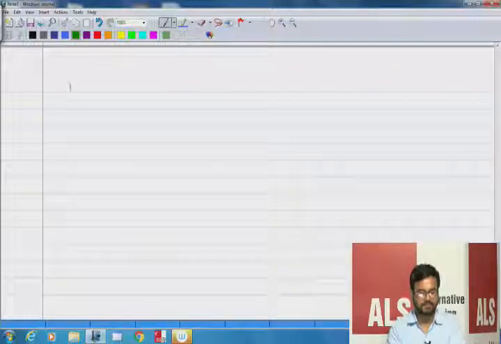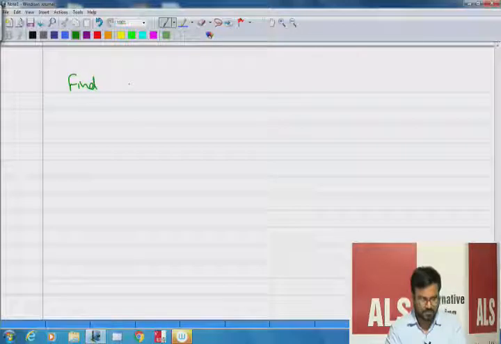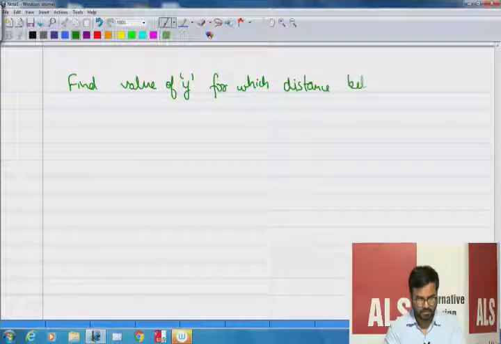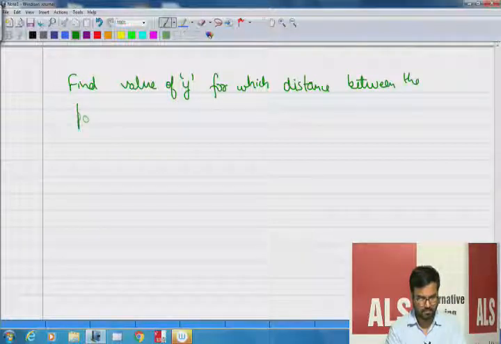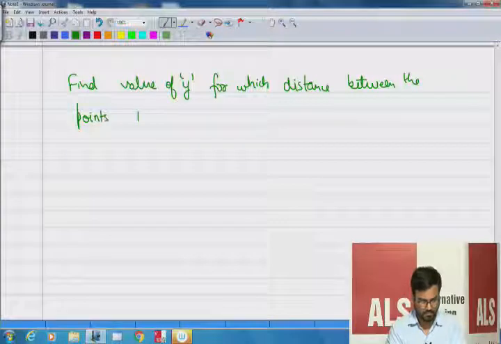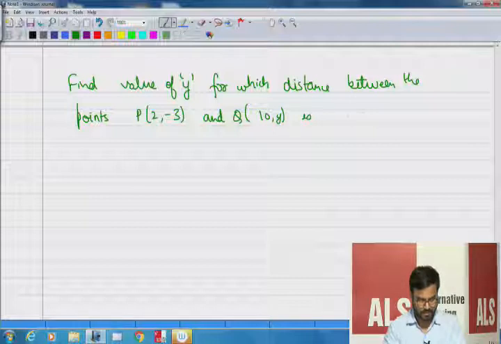Now try this. Find the value of y for which the distance between the points P and Q is 10 units.